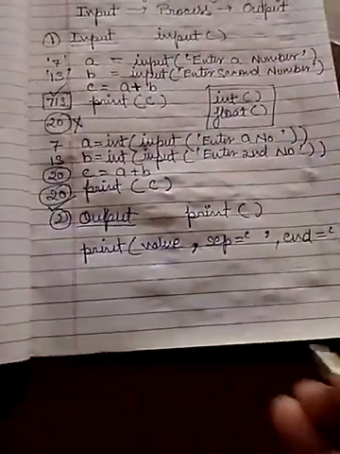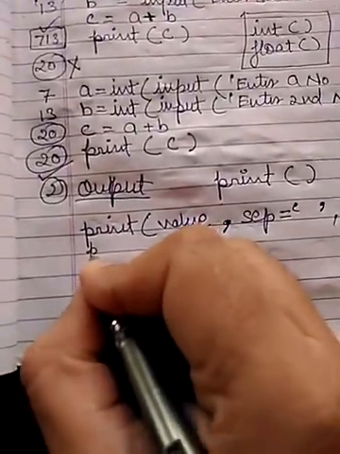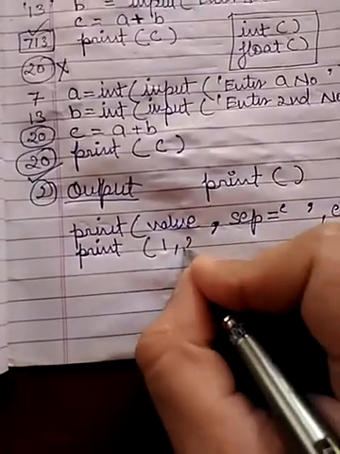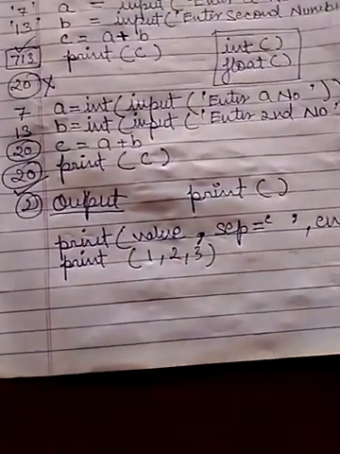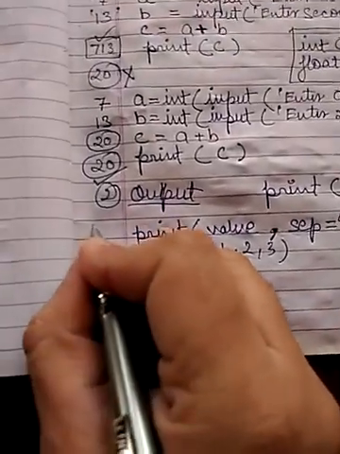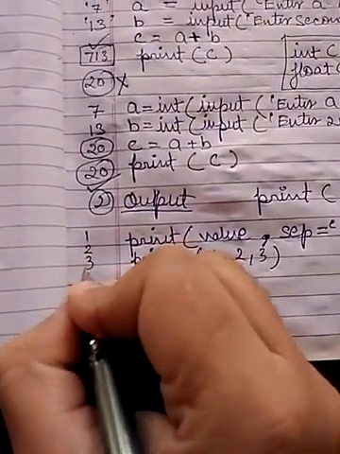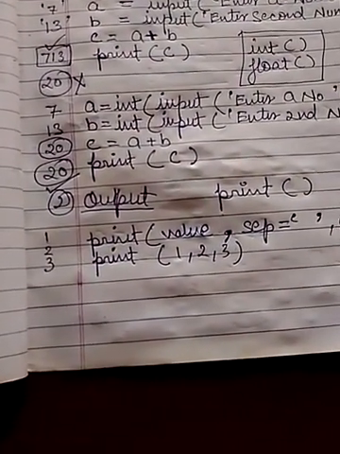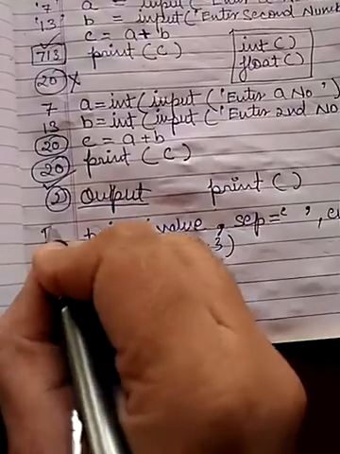Let's see how. Suppose if I write print 1, 2, 3, then the output will be 1 2 3. Sorry, correction.